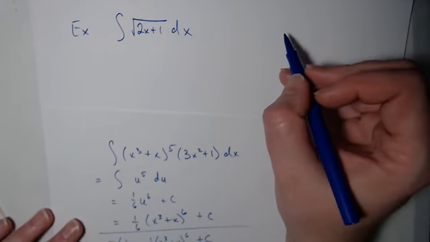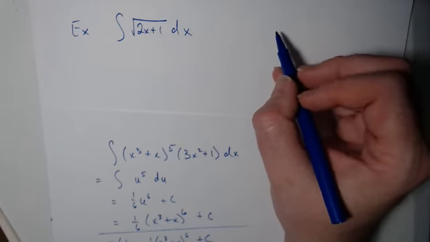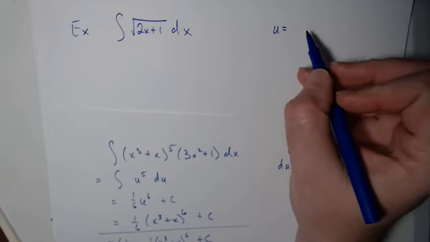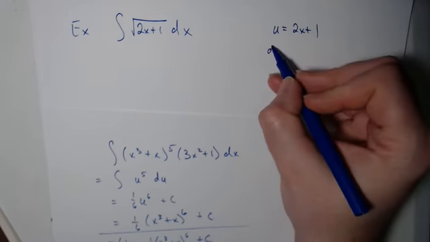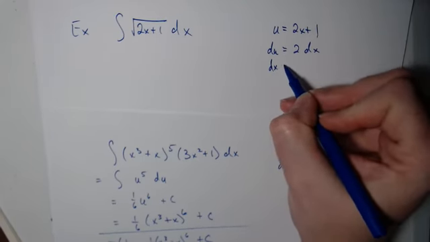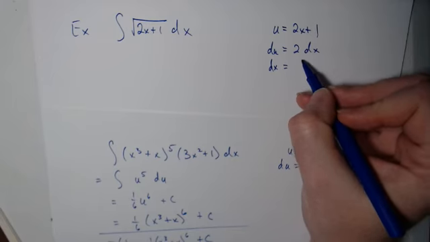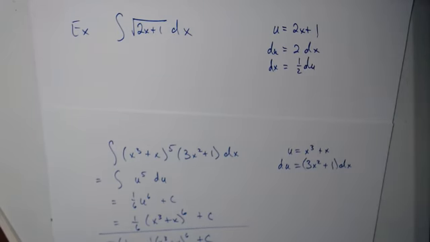And so the goal of a substitution is to make it look like something we can integrate. So letting u equal 2x plus 1, then du is just 2 dx. We have to actually get that that means dx is 1/2 du to make this substitution.